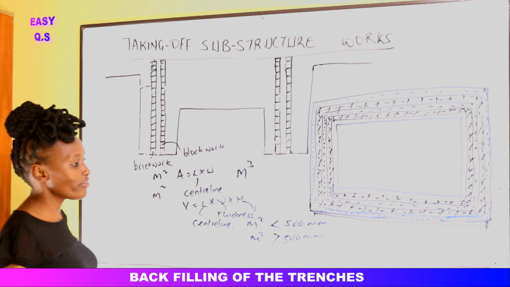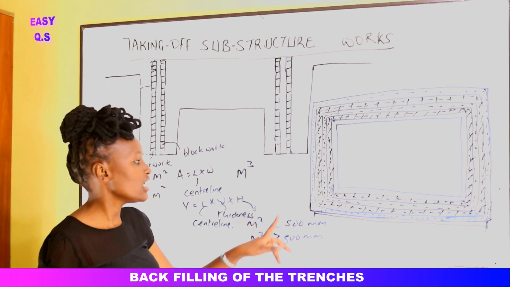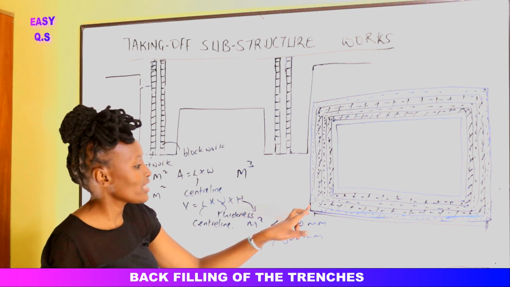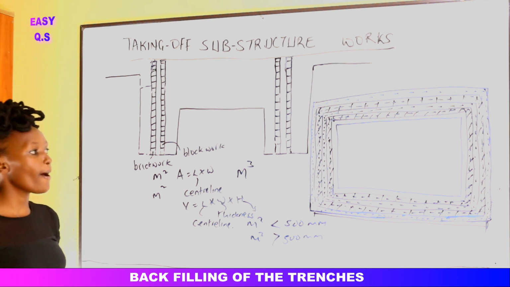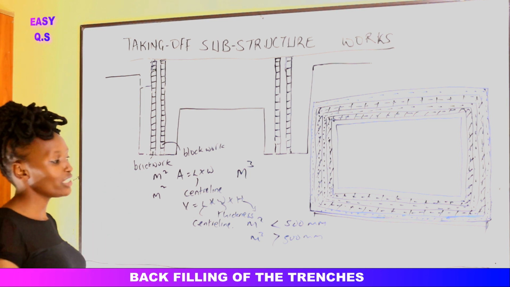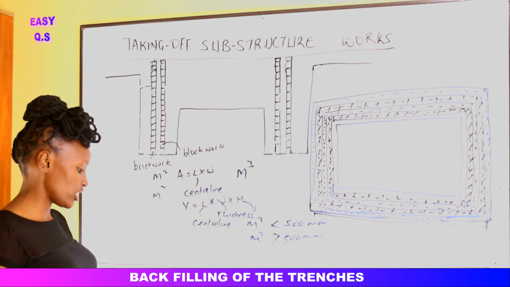So if it's less than 500, center line times the height. If it's more than 500, it shall be center line times the thickness of the spread times the height. Alright? So that one is the backfilling to the external faces of the trench.